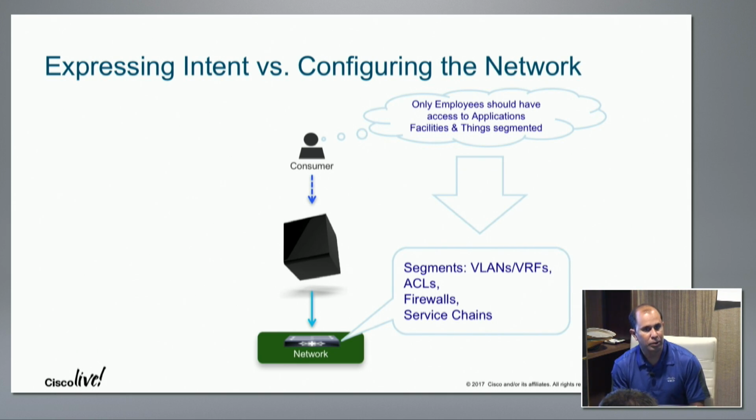So as you've heard a lot about this week, it's all about intent, right? And what we mean by intent is you must be able to articulate what it is that you want to support in your infrastructure versus how you want it to be done, right? So we're providing all sorts of tools for you to be able to articulate the relationships between the elements that are being connected in the network, which is ultimately what you care about, right?